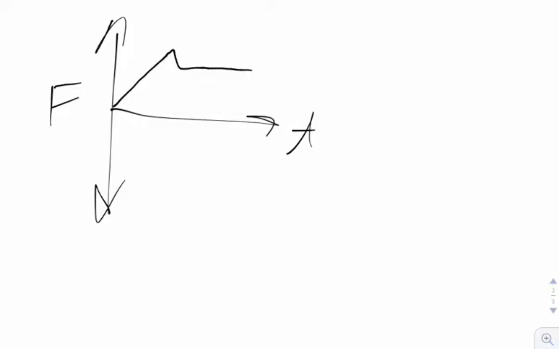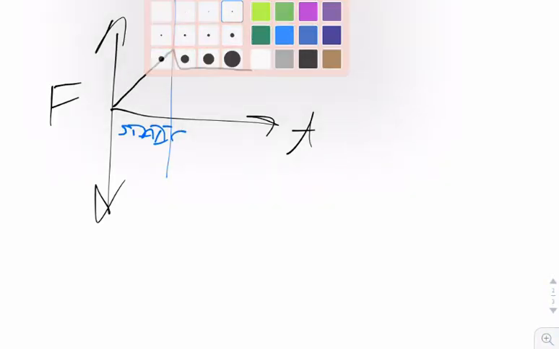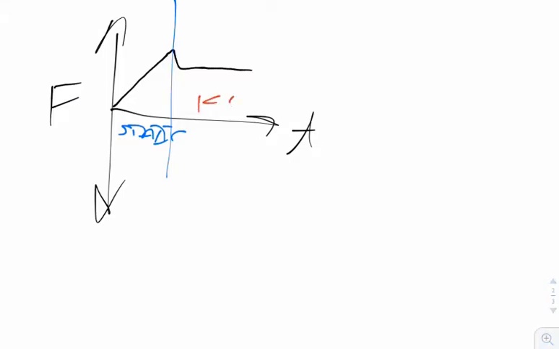And we discussed that we can break these two types of friction down into two groups. Before the block was moving relative to the table, we call that static friction because the two surfaces are not moving relative to each other. And then after it starts moving, we call that kinetic friction because the two surfaces are moving or sliding relative to each other.